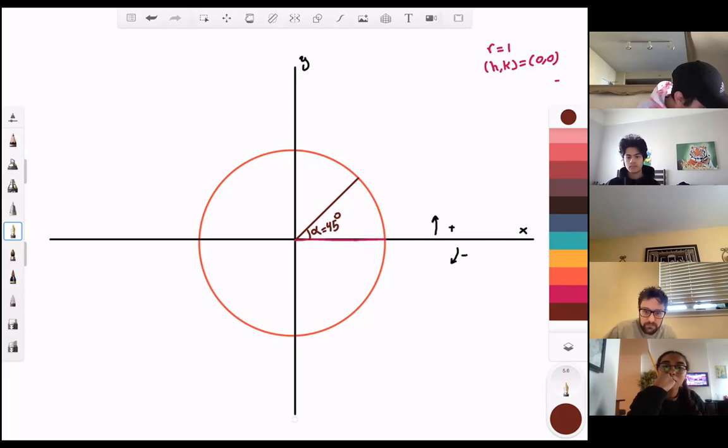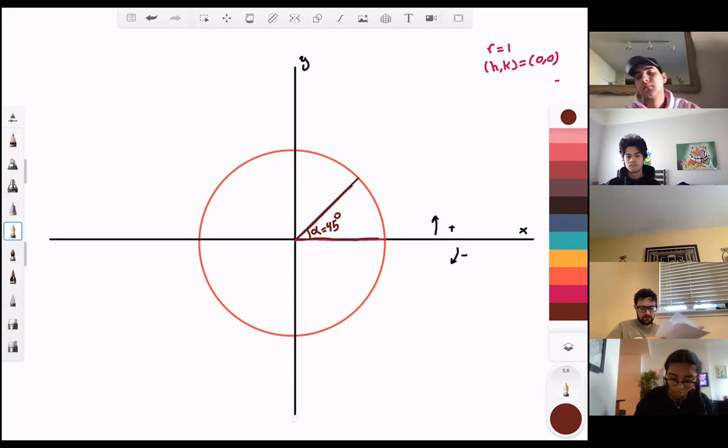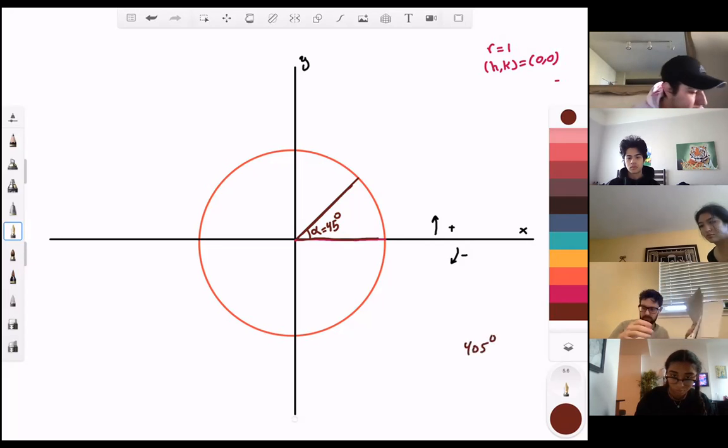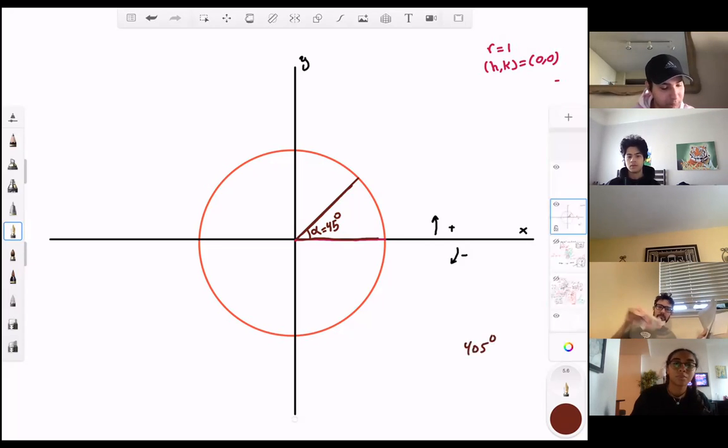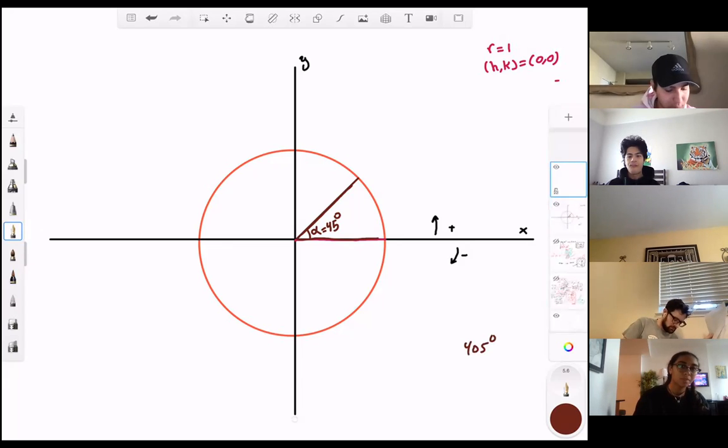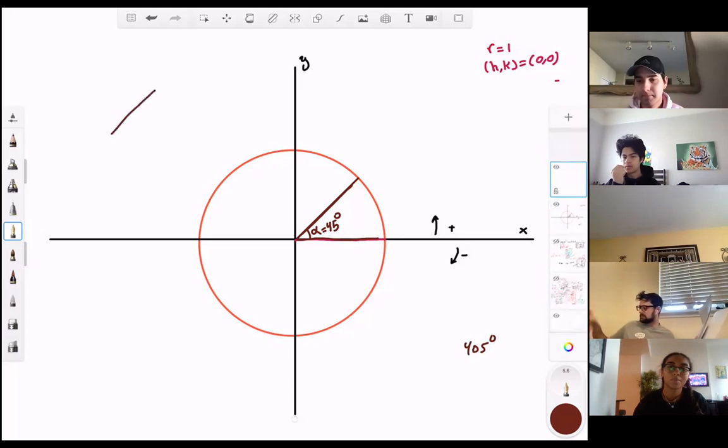A coterminal angle is an angle where the initial side and the terminal side are the same. It will be 360 plus 45, 405 degrees. The coterminal, again, that's it. I mean, 45 is like this.